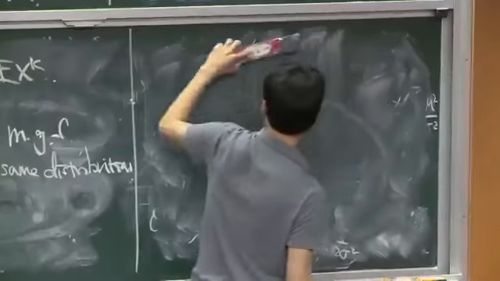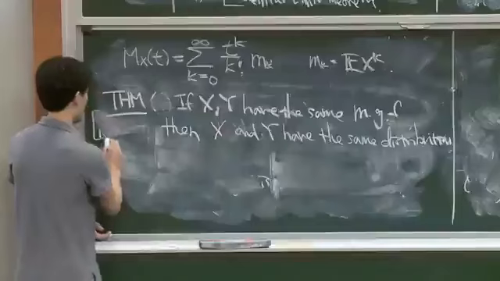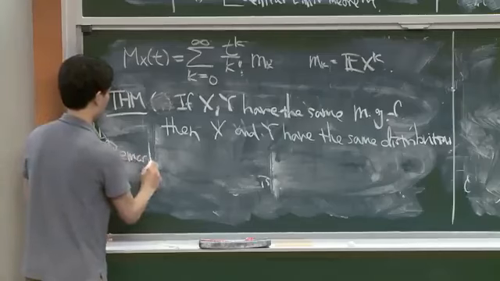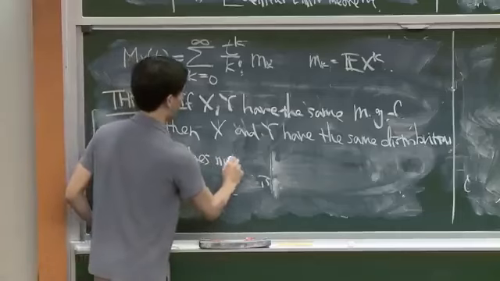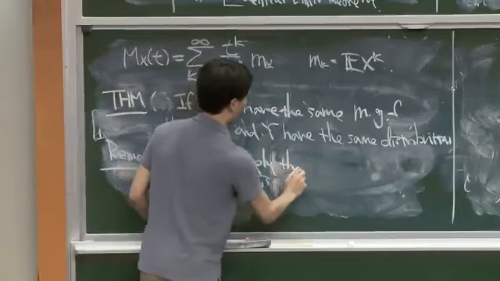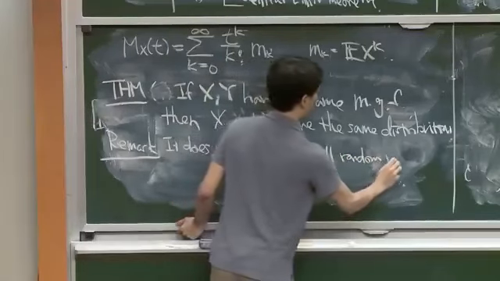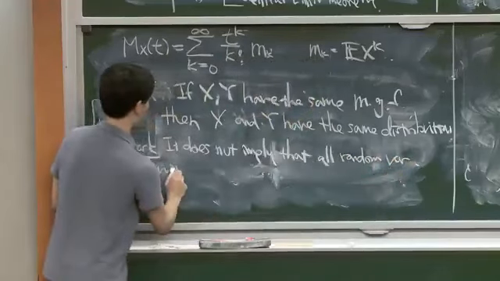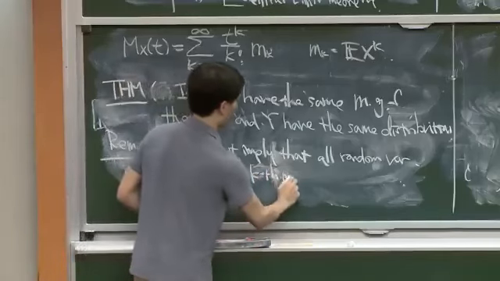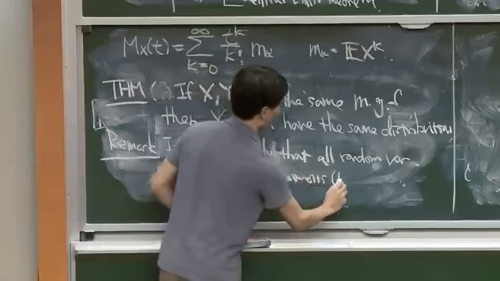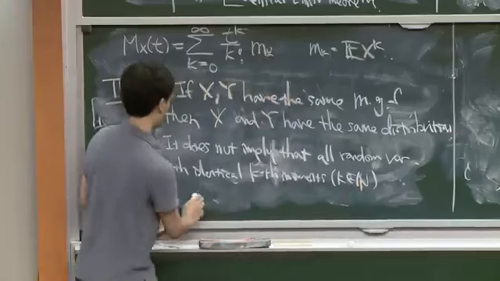However, be very careful when you're applying this theorem because, remark, it does not imply that all random variables with identical k-th moments for all k have the same distribution.